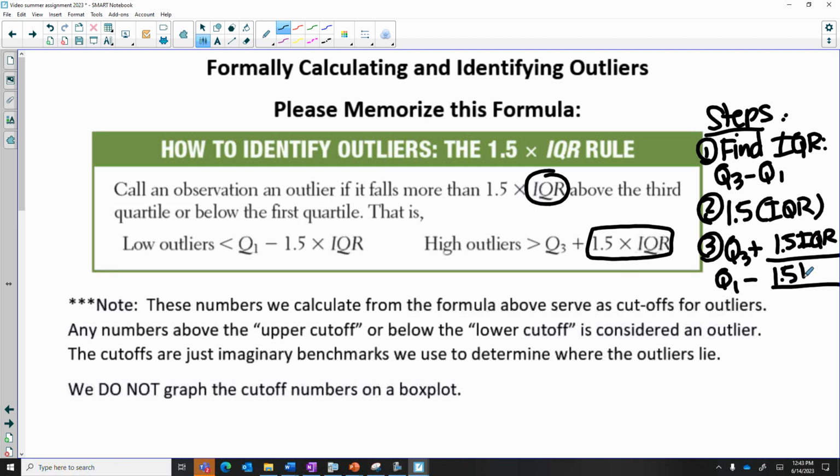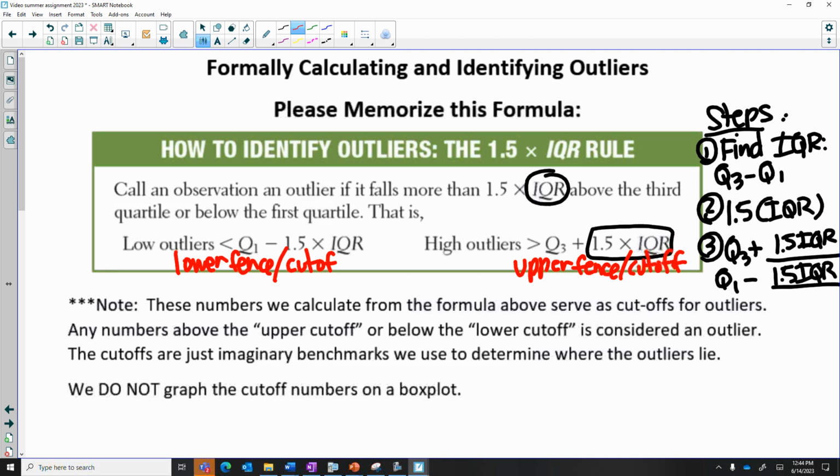You're going to get two numbers that serve as cutoff points. They call them fences or boundaries or cutoff points. Basically, they're going to give you an upper fence, or upper cutoff for outliers, and a lower fence, or lower cutoff for outliers.